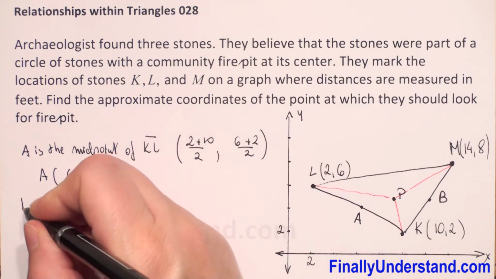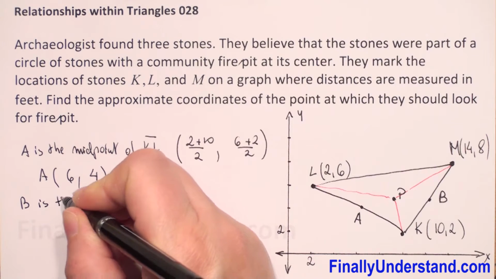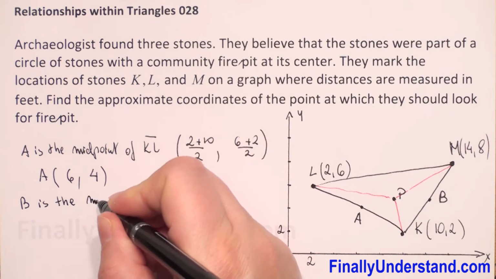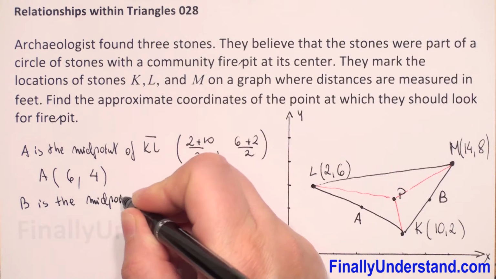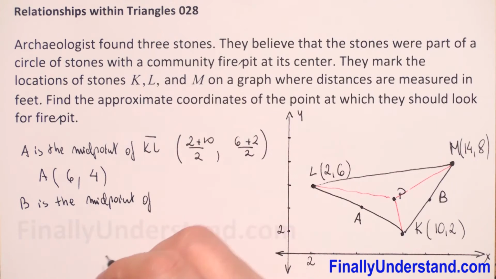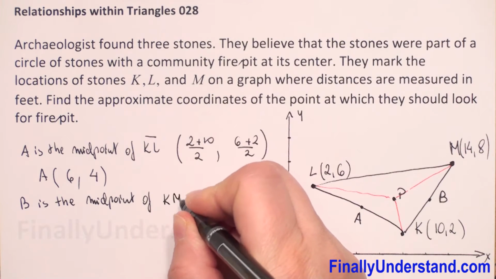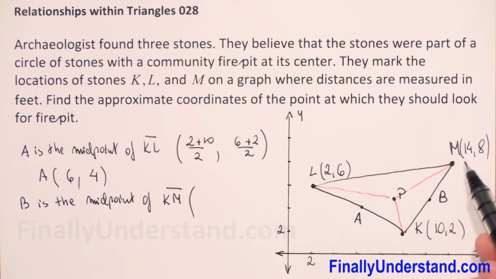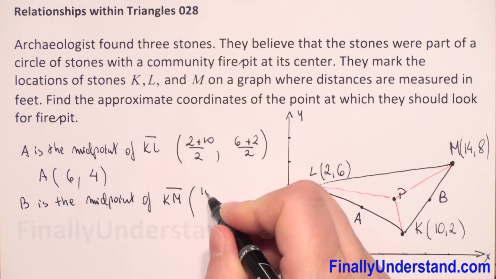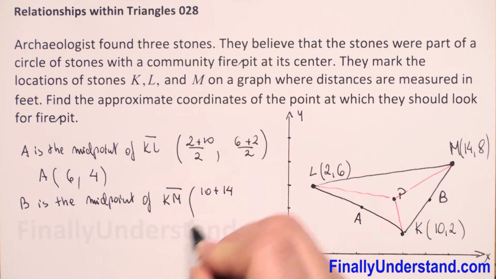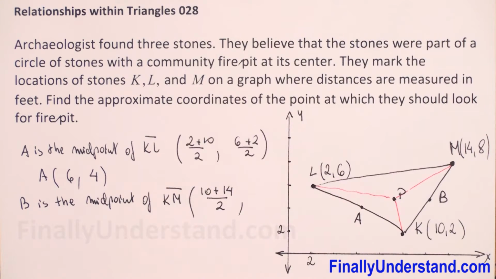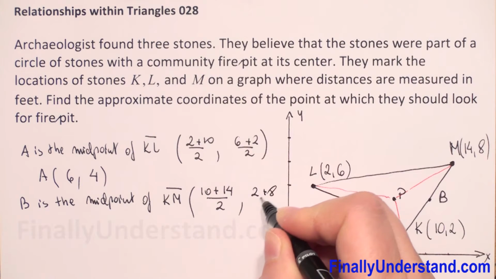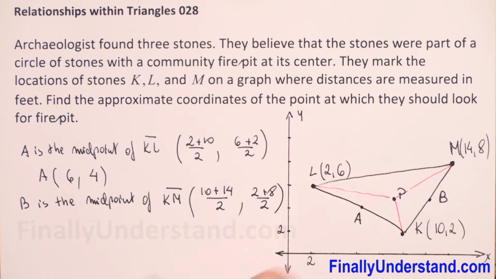Next, B is the midpoint of KM segment. So again we have to add first coordinates, 10 plus 14 and divide by 2, and second coordinates, 2 plus 8 divided by 2.